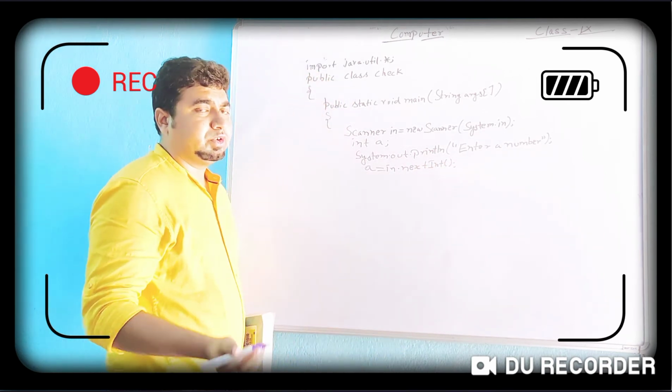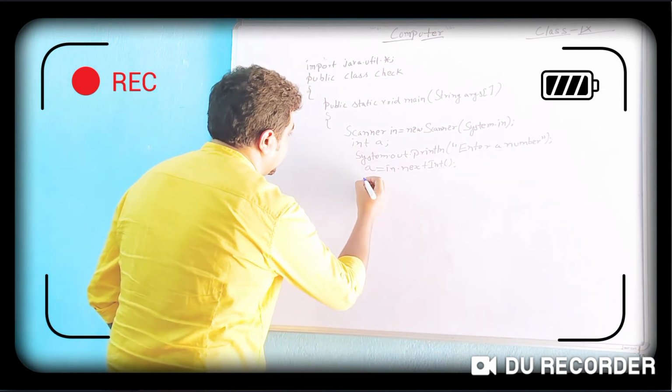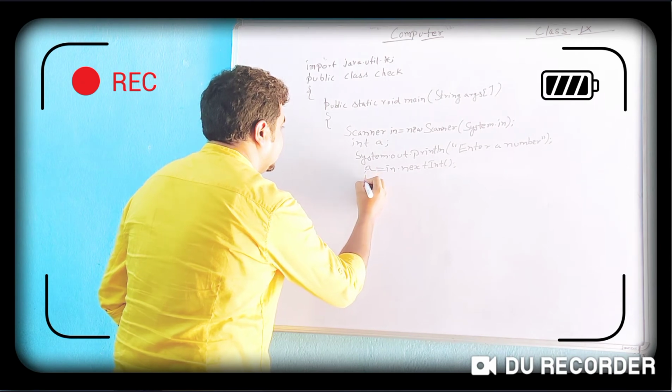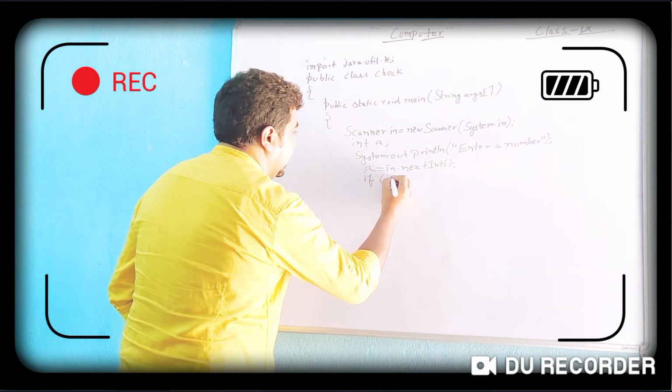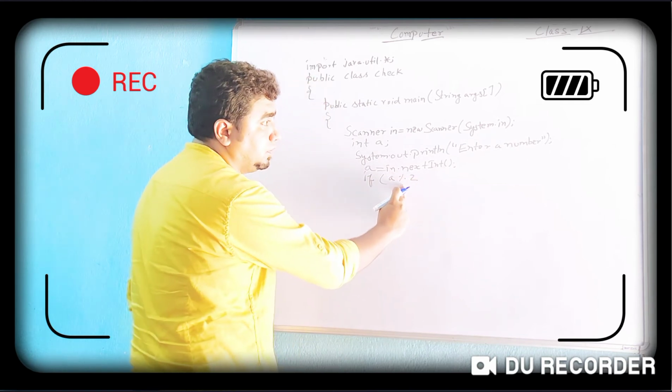Now I want to check whether it is an even number or not. So I will be applying here the condition: if a modulus 2. The modulus sign, what it finds? Remainder.